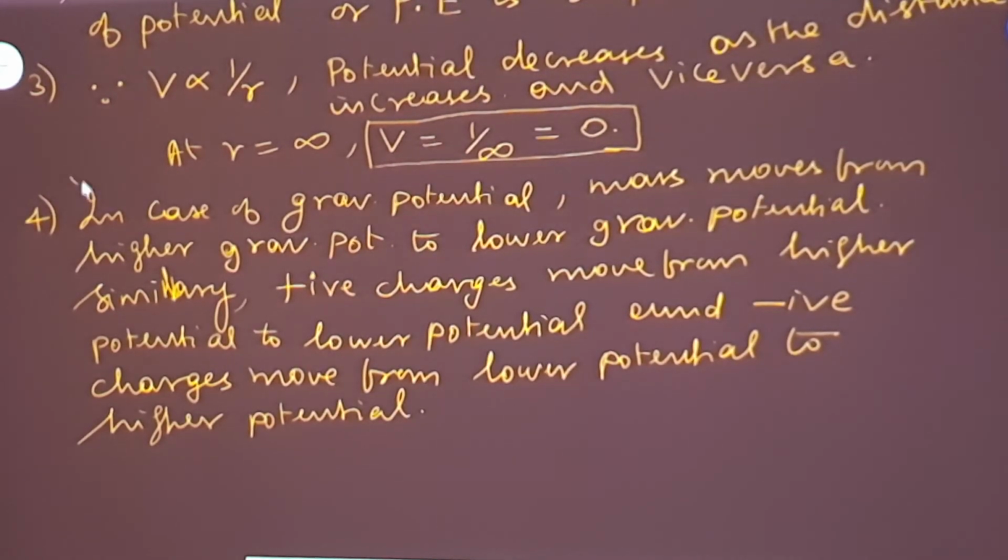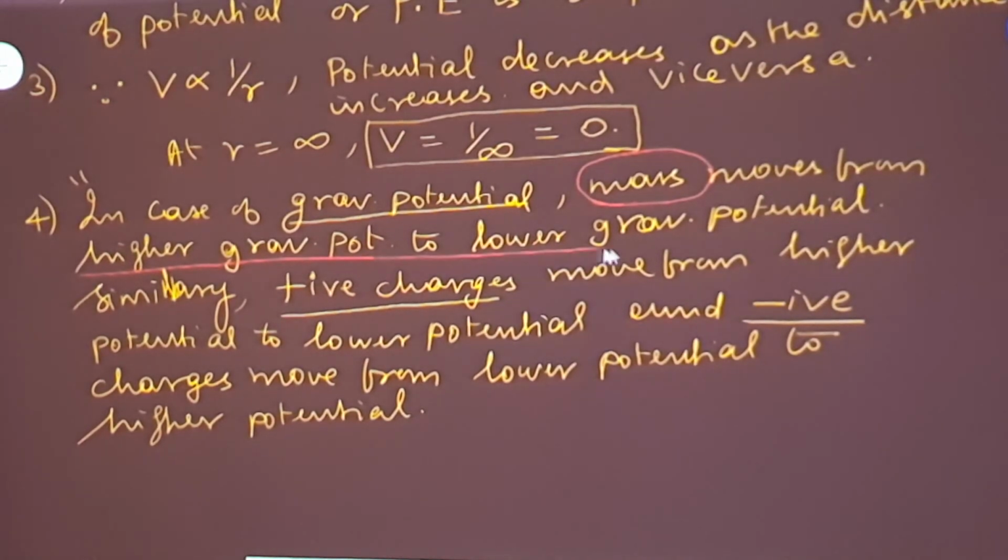In order to study the motion of the positive charges as well as the movement of the negative charges, we have compared this with the gravitational potential. The mass moves from higher gravitational potential to lower gravitational potential.